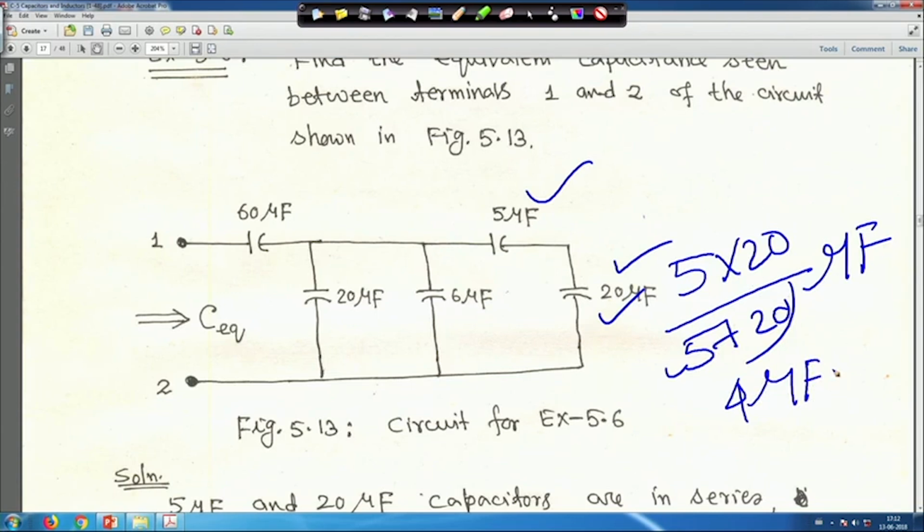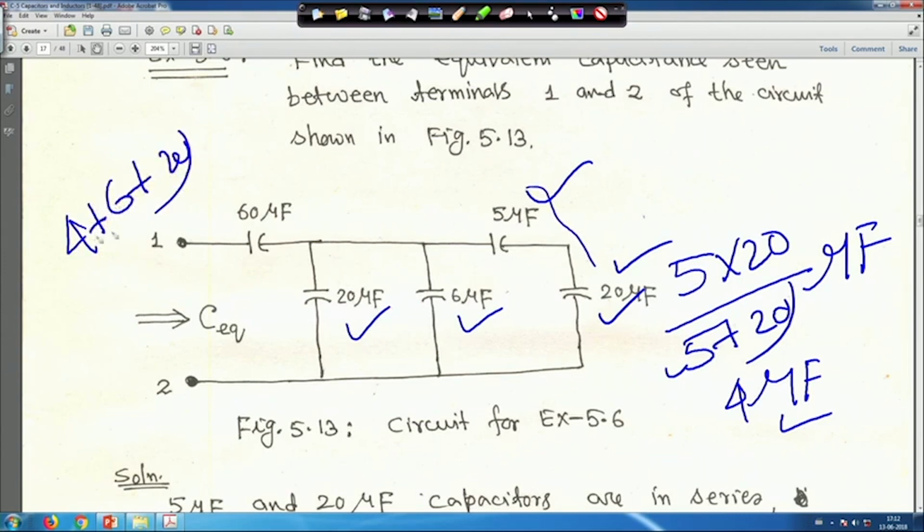Therefore, this 4 microfarad, then 6 microfarad and 20 microfarad are in parallel. Parallel means just addition. So, it is 4 plus 6 plus 20 microfarad, that is 30 microfarad.